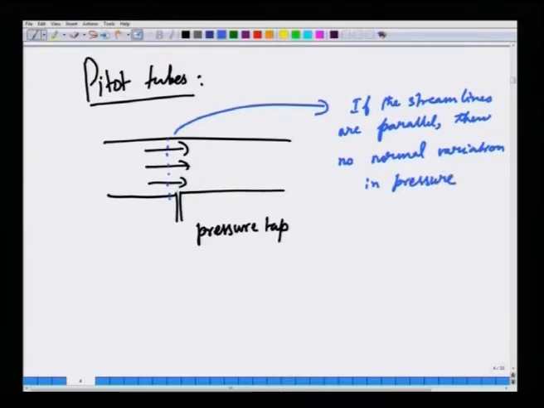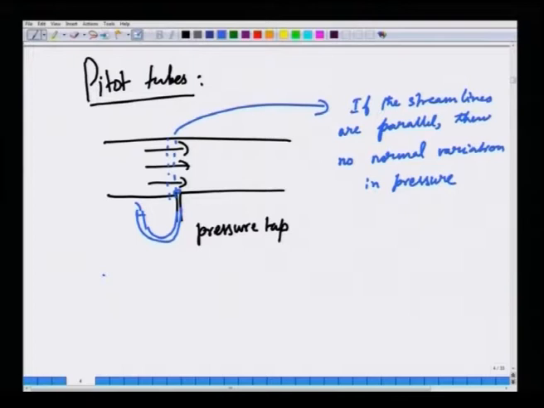So, we can just measure the pressure here by having a small tap and then connecting it to the manometer, which is exposed to the atmosphere. So, you can measure the gauge pressure at this point of a flowing fluid by simply having a wall tap.